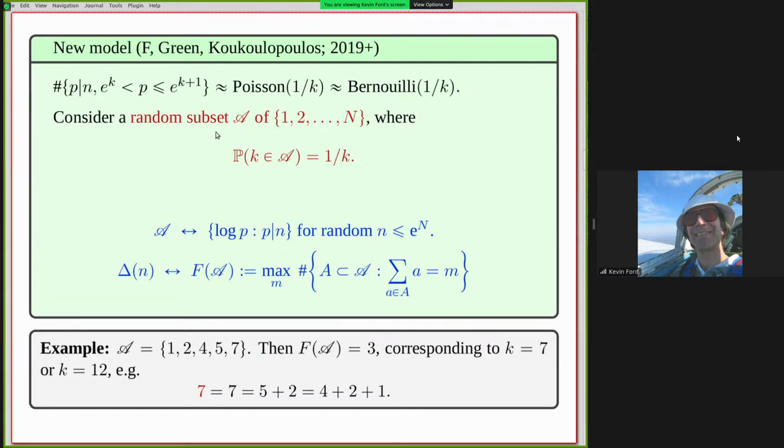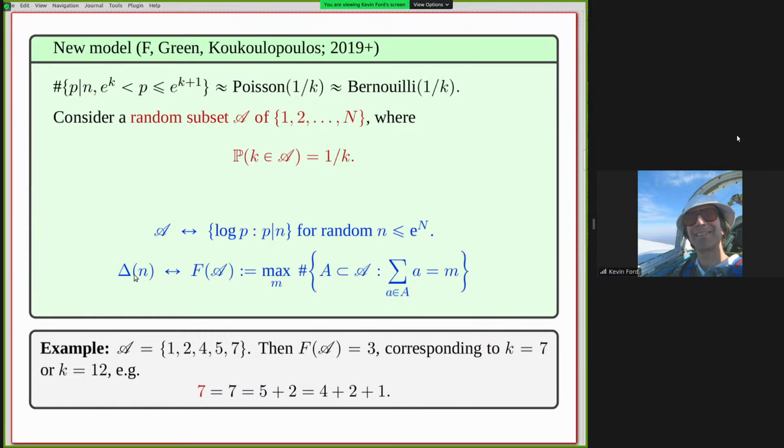And we model that by a random subset, let's say of the integers up to capital N, where we choose the element to be in the set with probability 1 over k. So say this is a random, let's say harmonically weighted random subset of integers. So then the set will correspond to the logarithms of the prime factors of a random integer.